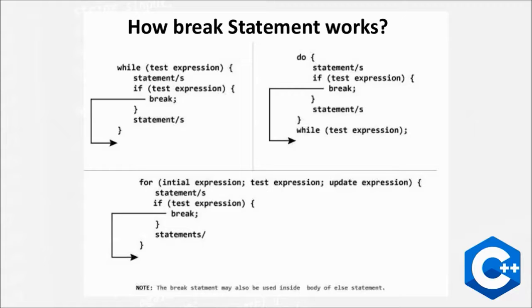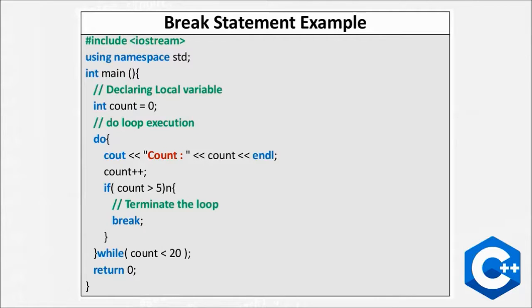Let's have an example. In this example, in the main program, we initialize a variable count and store the value 0 in it. Then we start a do while loop. In the do while loop, we want to display the value of count on the screen.